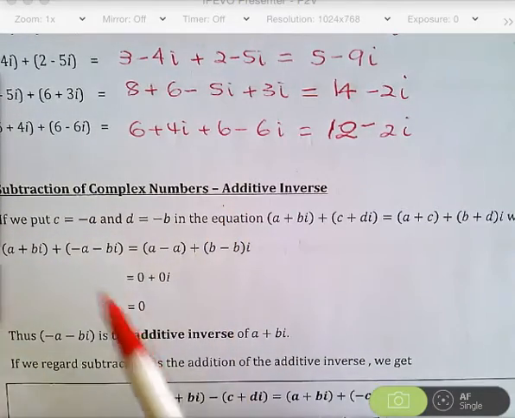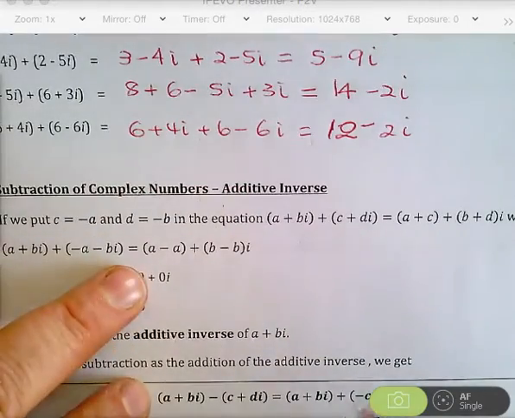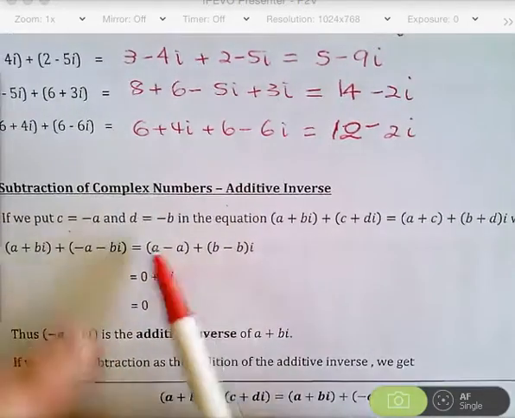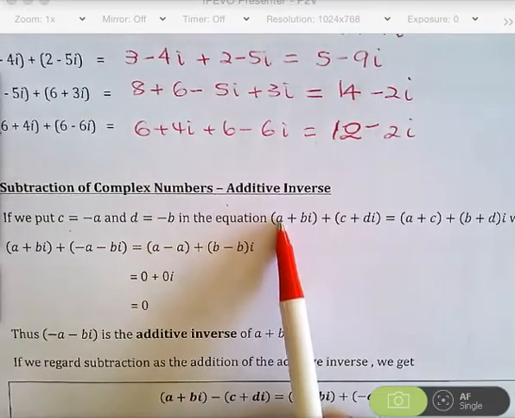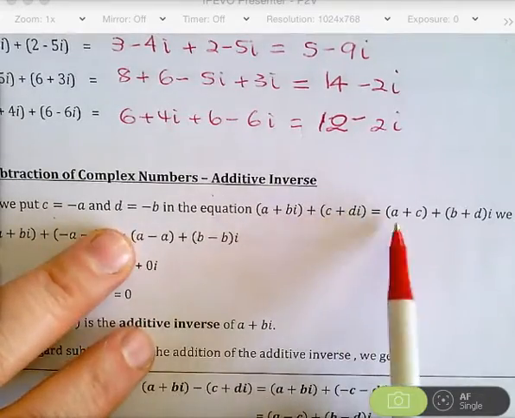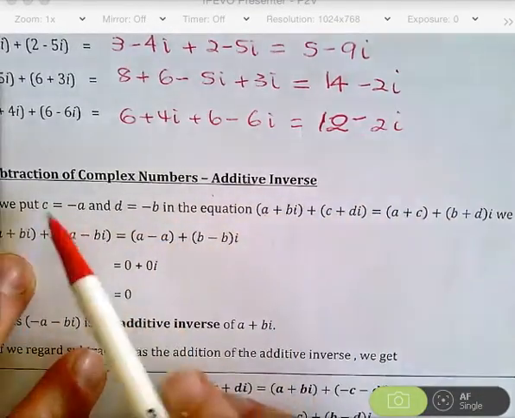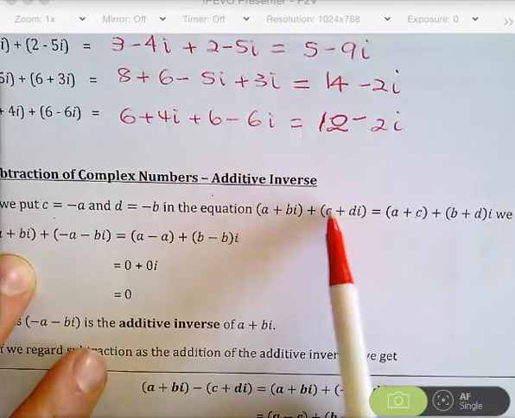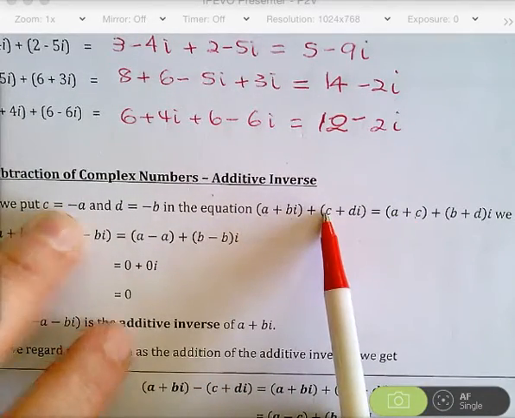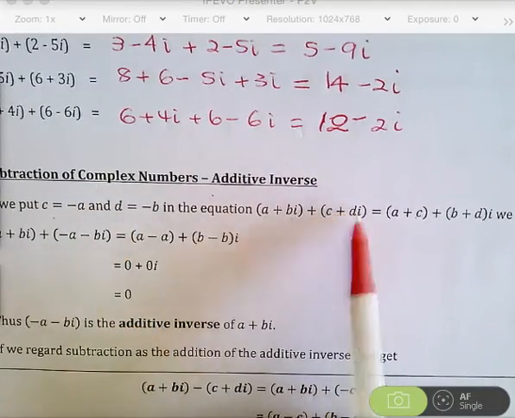So when you add a plus bi plus c plus di, we add the a and the c and we add the b and the d. But if we write this c as negative a, and this d as negative b, don't worry, you don't really have to know it, all right?